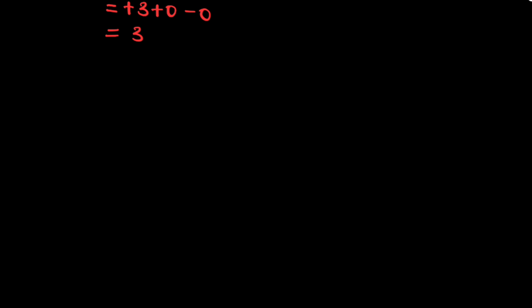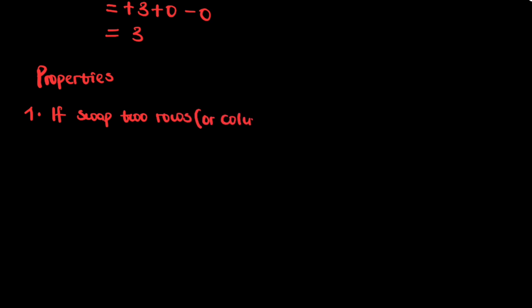Okay, so we have some properties of determinants. The first property says if you swap two rows or columns, then the determinant changes sign.